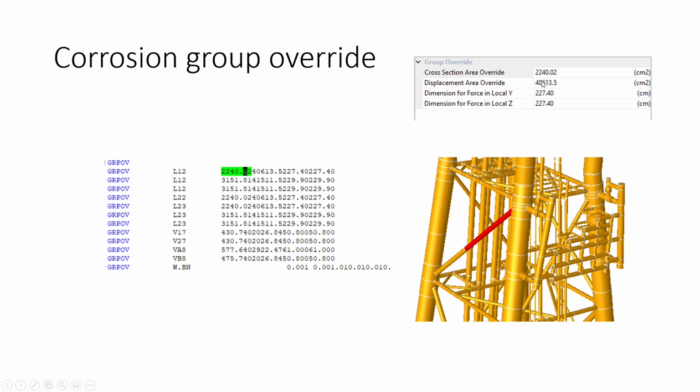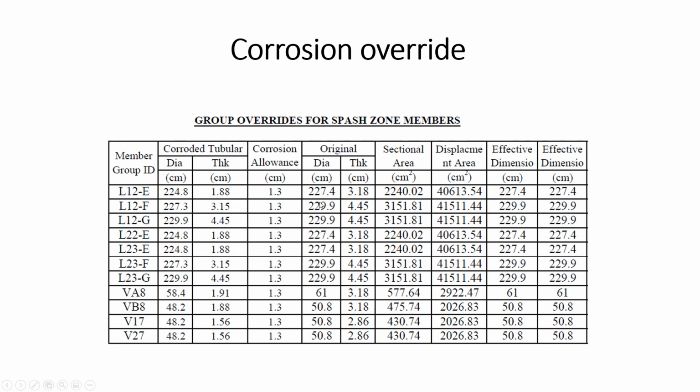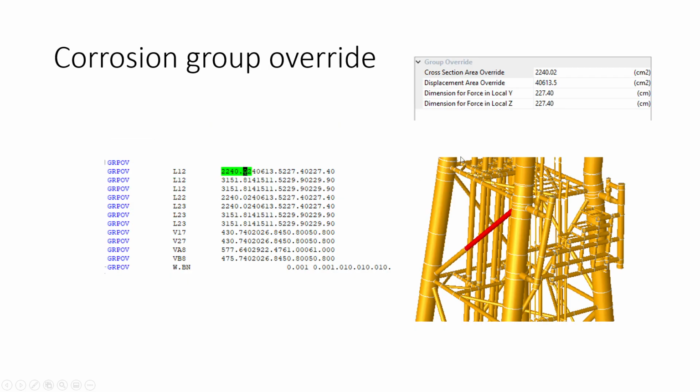Here you have to enter the cross section area override, then the displaced area override, all those things, 27.4, 27.4. In your model only 22.4 will be there, but you have to override this. So the load purpose will take the original, but for analysis purpose the reduced thickness will be taken here.